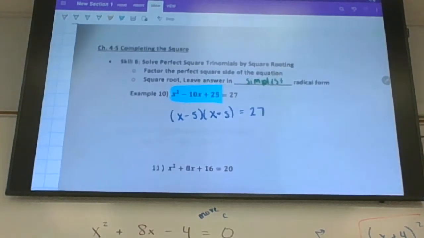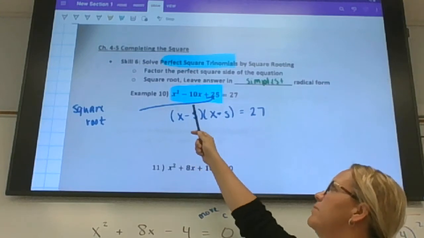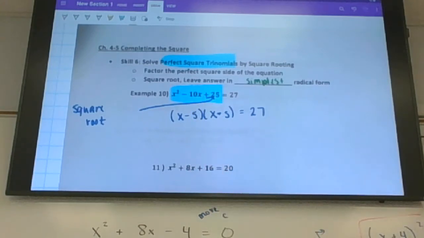Okay? This is called a perfect square trinomial. So when you factor it, you can just square root. The square root of 25 is 5. Those are the numbers, and they're both minus because of that minus sign there.